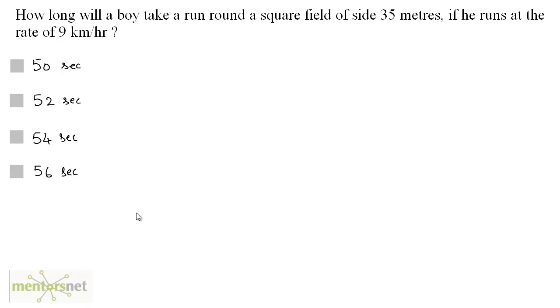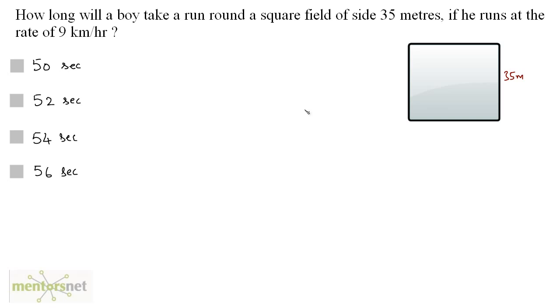How long will it take a boy to run round a square field of side 35 meters if he runs at a rate of 9 kilometers per hour? Let us assume that this is the square field of side 35 meters. Now this boy has to take a complete run round this square field.